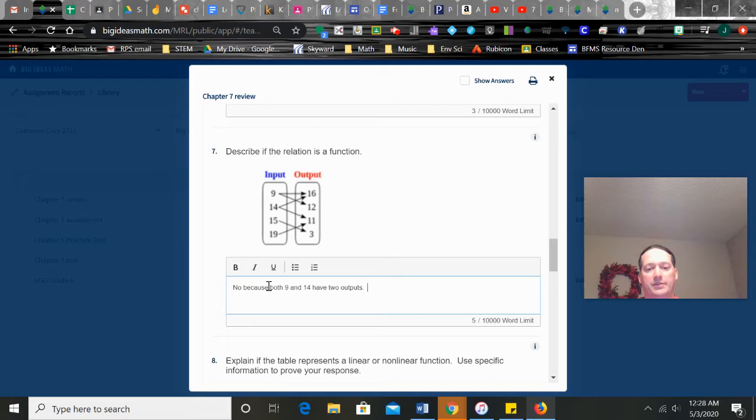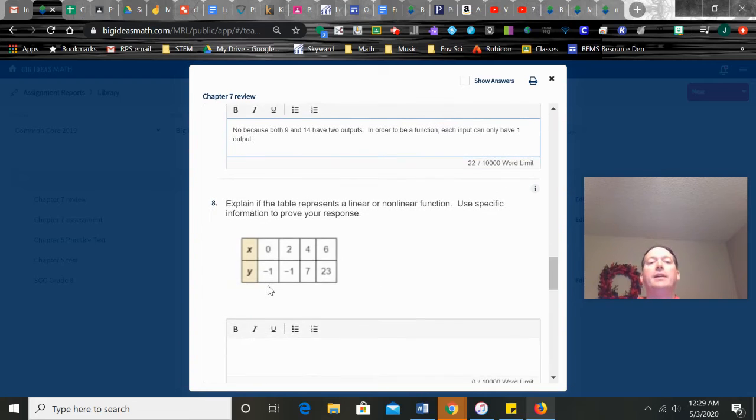Then you have to give me the definition. So in order to be a function, each input can only have one output. Okay? You put all that in, you'll get full credit. If you leave part of those out, you will not get full credit. Okay, because that's the full explanation for that one.